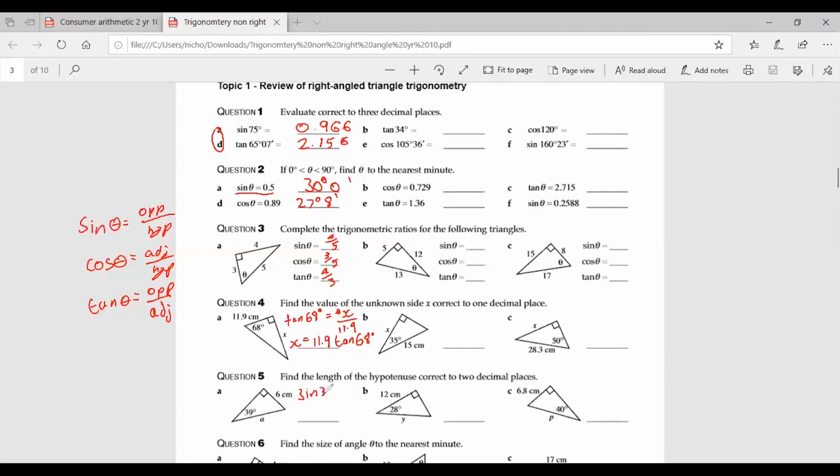Sine 39 equals 6 over 8. Yep. And then what's a going to be equal to? 6 divided by sine 39. Sine 39, right? Perfect. Does that make sense? Yeah. All right, is all of that okay? Yeah.